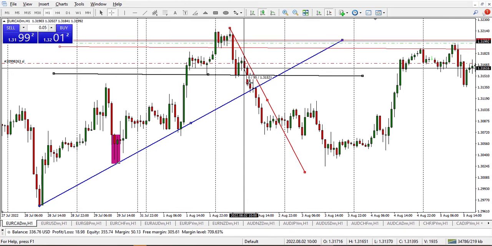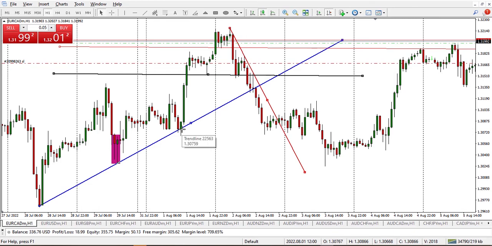From this place to my first level here for my take profit would have given me 51 pips, and then to the second level here would have given me a whopping 85 pips. So the market always shows us where the money is. I just hope you're able to see or understand what I am explaining here.